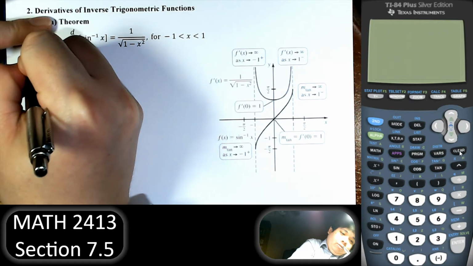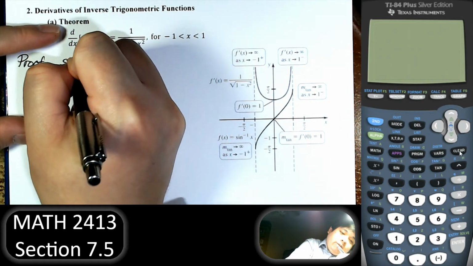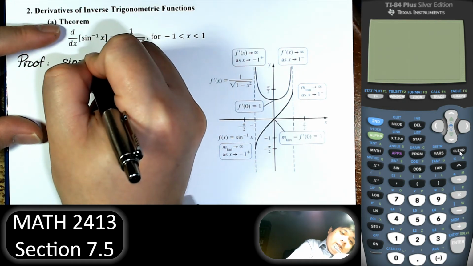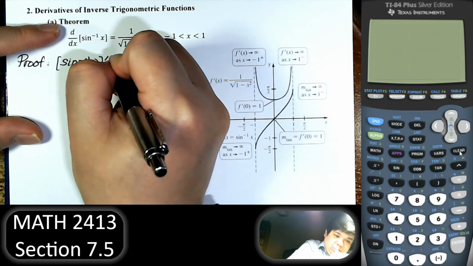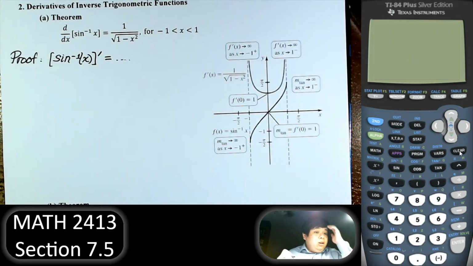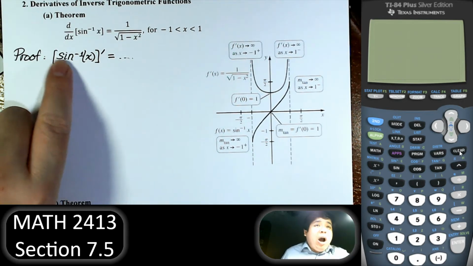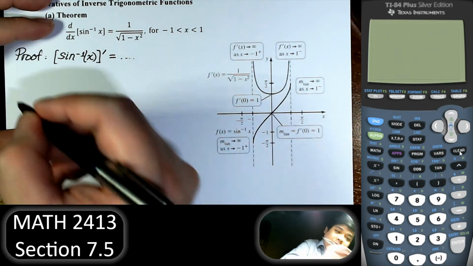So, the proof here, just write down the problem first. Proof. What is the derivative of sine inverse? In order to do that, first thing I do is let y equal to sine inverse of x. That's what we start with.